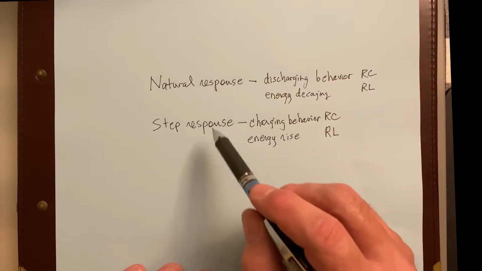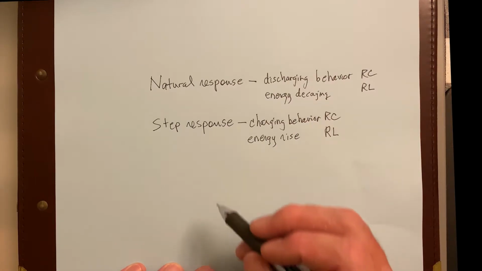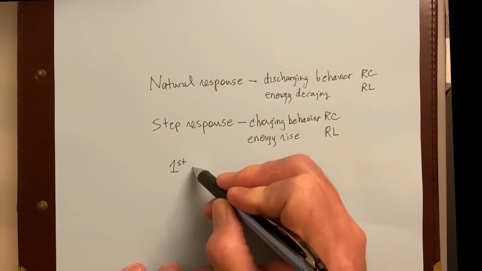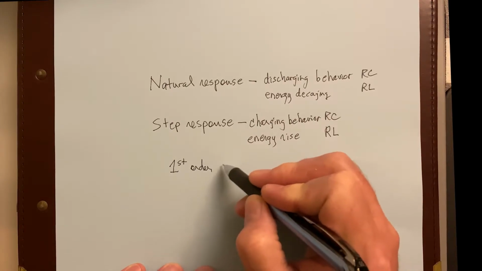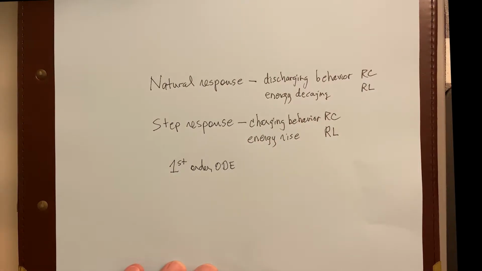Now, as we go through these two responses here, here's what you're going to discover. You're going to discover that the solutions for all of these are all first order ordinary differential equations. Okay? Now, that's kind of important to us. That's useful because that means that these solutions can be reduced down to Thevenin equivalents or Norton equivalents.